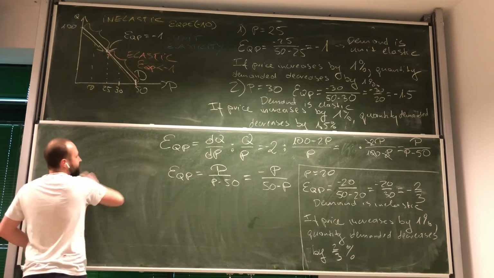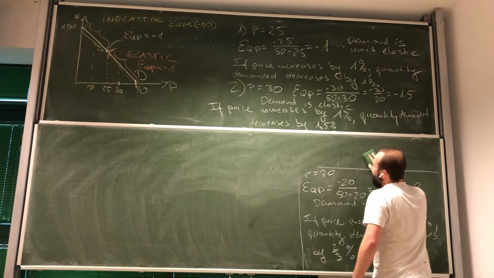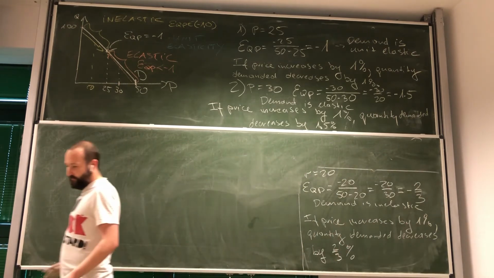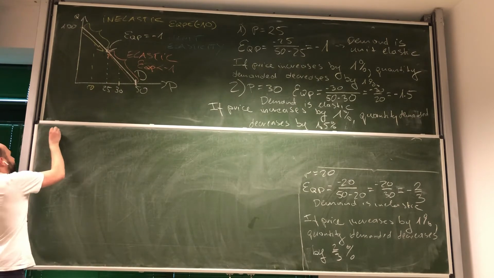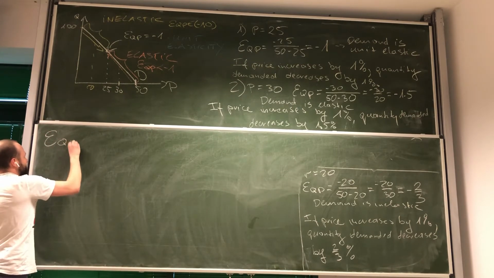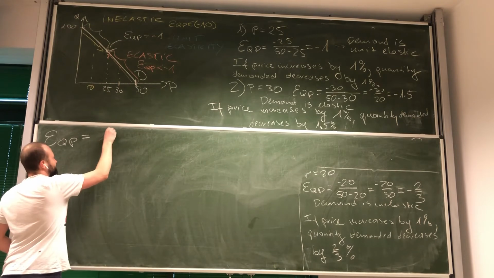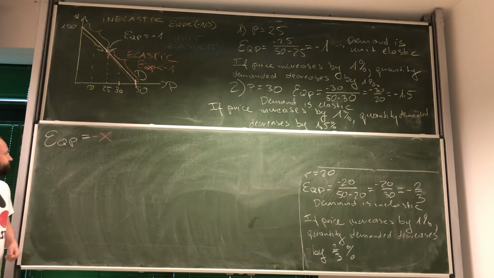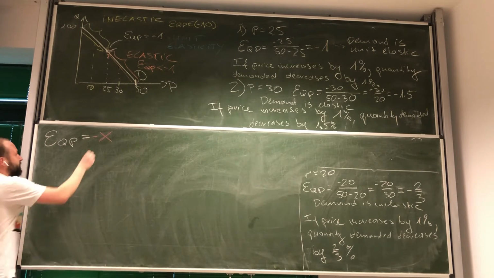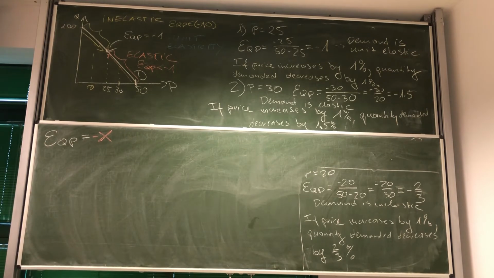actually go to this case, let me just write you down an explanation of price elasticity of demand in terms of interpretation. Look, if price elasticity of demand is equal to some negative x, let me just make it clear that this is negative x, how do we interpret this?